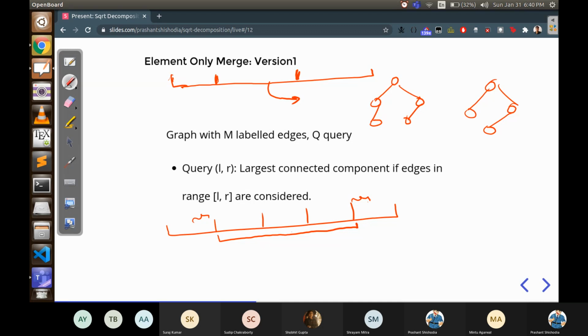And for each pair of blocks, I have also computed a graph. So now when I'm answering a query, I have a compressed graph here. By a compressed graph, I mean the connected components graph. So I have this connected component as a node, and this connected component as a node, and this connected component as a node. Okay, so I know the size of the largest connected component here, and now I have to add a few more edges here and there.